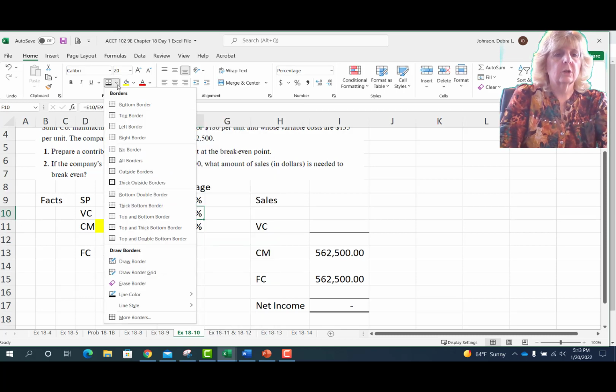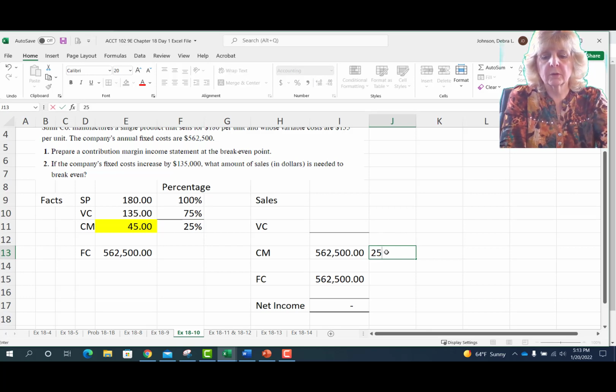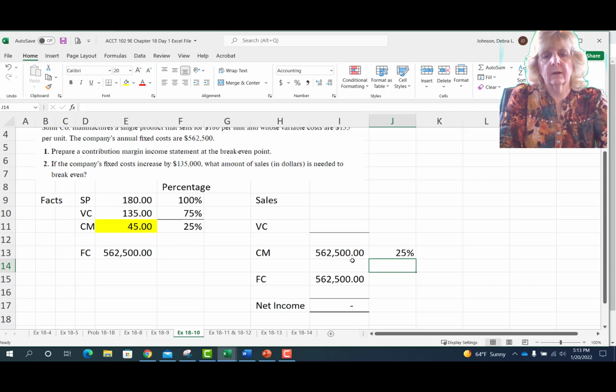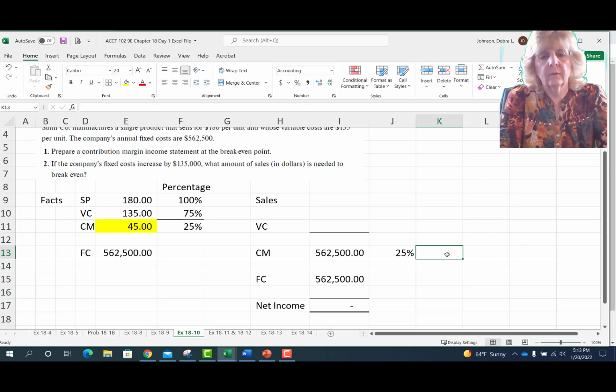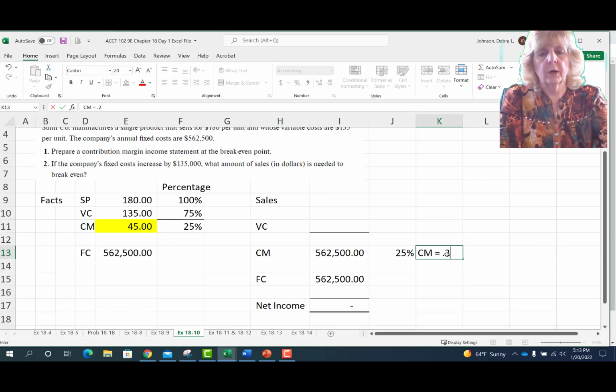Using that information, we can work backwards based on the data that we have. We know if our contribution margin is 25%, we know that sales minus the variable cost is $562,500.